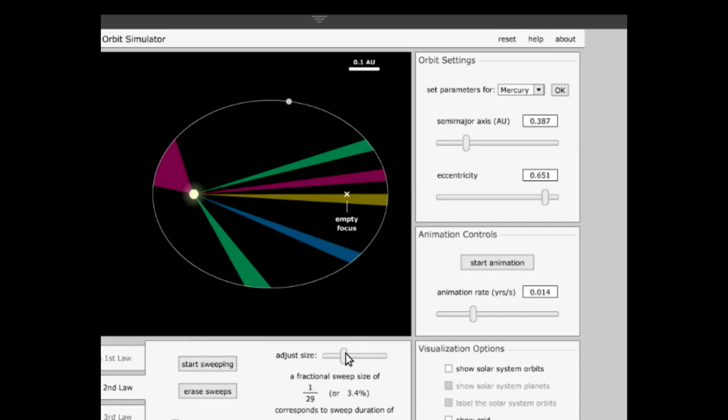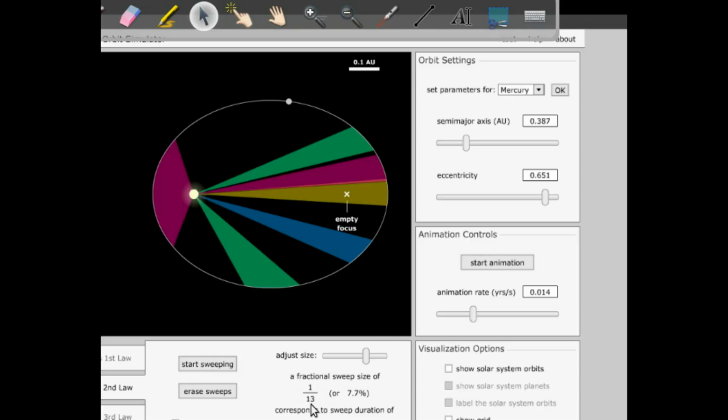The fractional sweep size is always the same. The fractional sweep size is 7.7%. The base is longer than the height. Here the height is smaller, and is greater than this base. Therefore by looking, we can say that these triangles are equal in area.